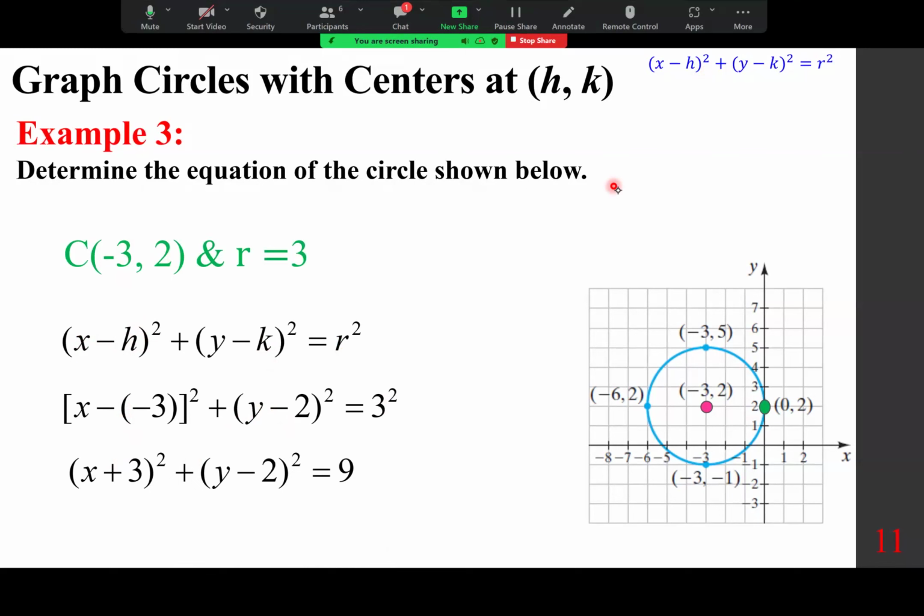We're going to keep it as a standard form here, everybody. Again, pretty straightforward, everyone. We are going to move on.